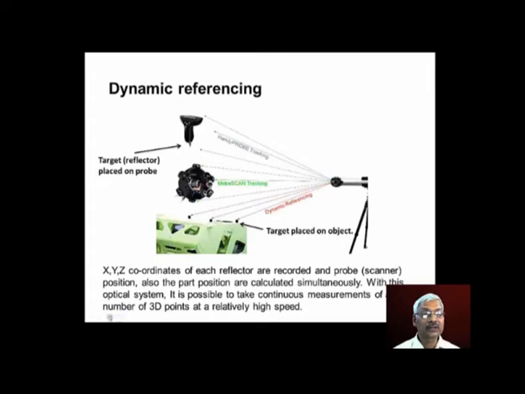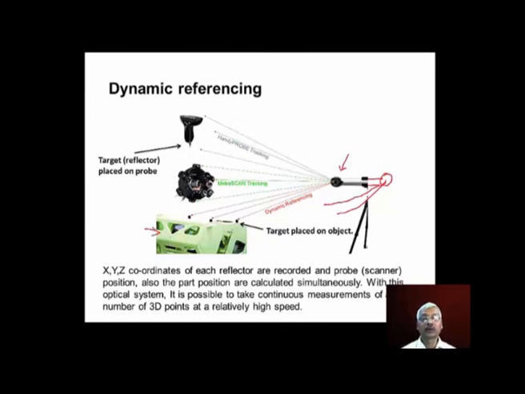Now this illustration shows the dynamic referencing. We have this dual camera system which will be continuously monitoring the workpiece as well as the probe system or scanner system. Now this is the workpiece to be inspected.